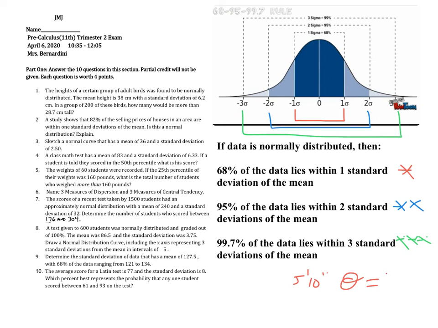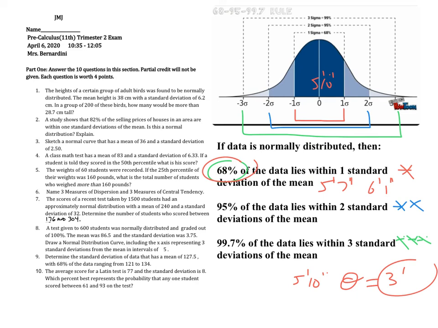So since the average height is 5'10" and the standard deviation is 3 inches, we know that 68% of men are plus or minus 3 inches away from 5'10". So we know that 68% of men are in between 5'7" and 6'1".